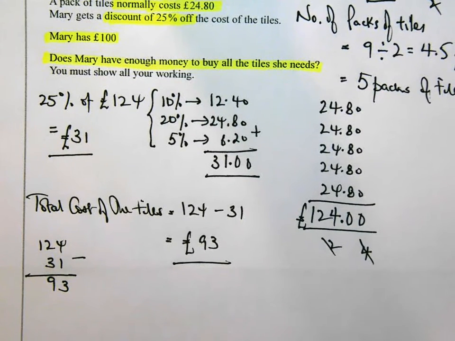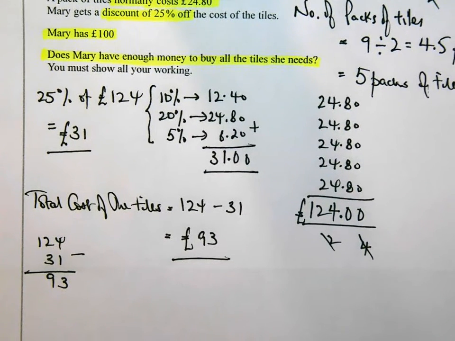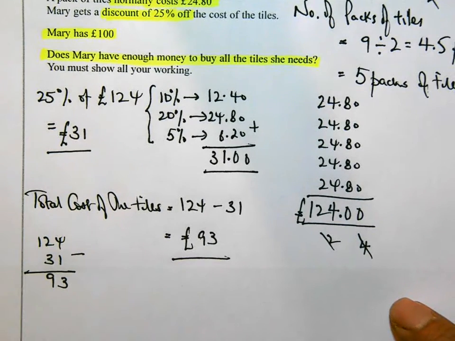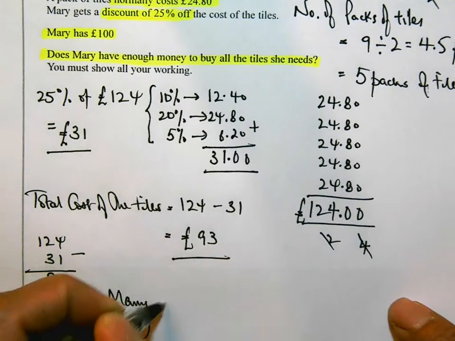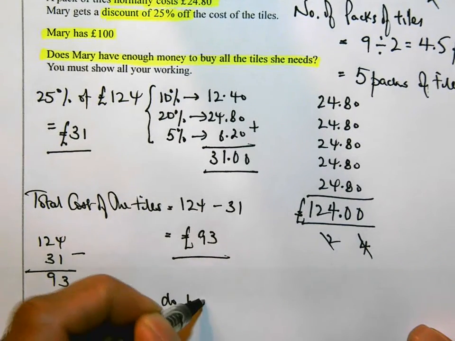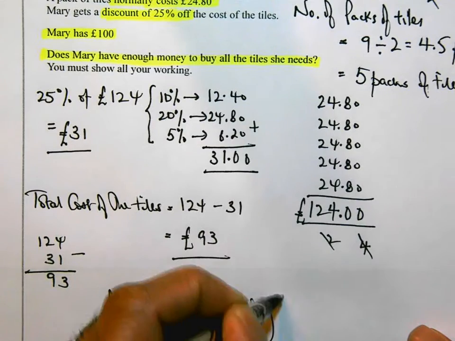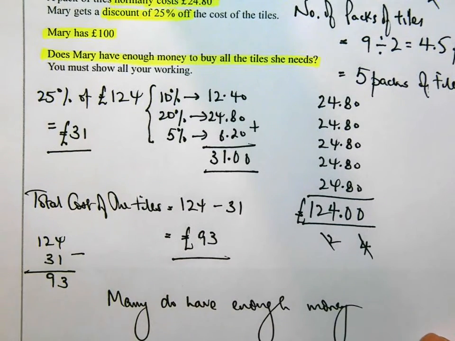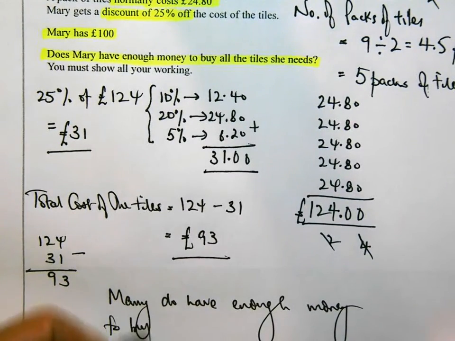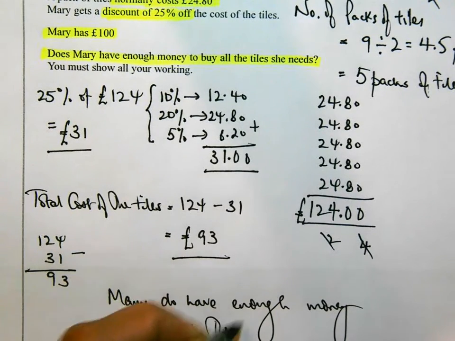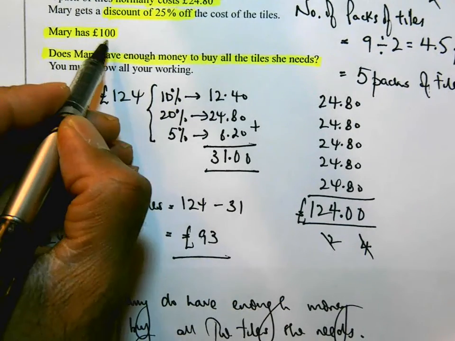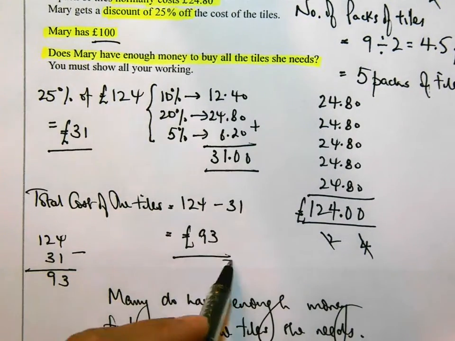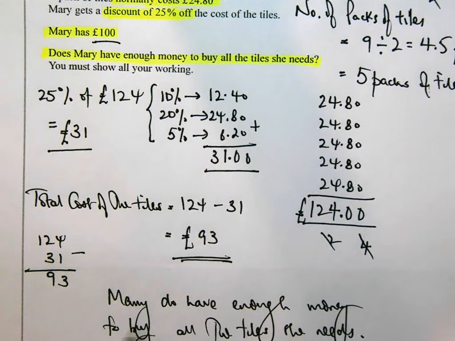What I've shown so far is that Mary is going to have to pay £93 for the tiles. I just need to write that as a sentence. Mary does have enough money to buy all the tiles she needs. Remember, she has £100. The cost of the tiles is £93, so she does have enough money to buy all the tiles she needs.